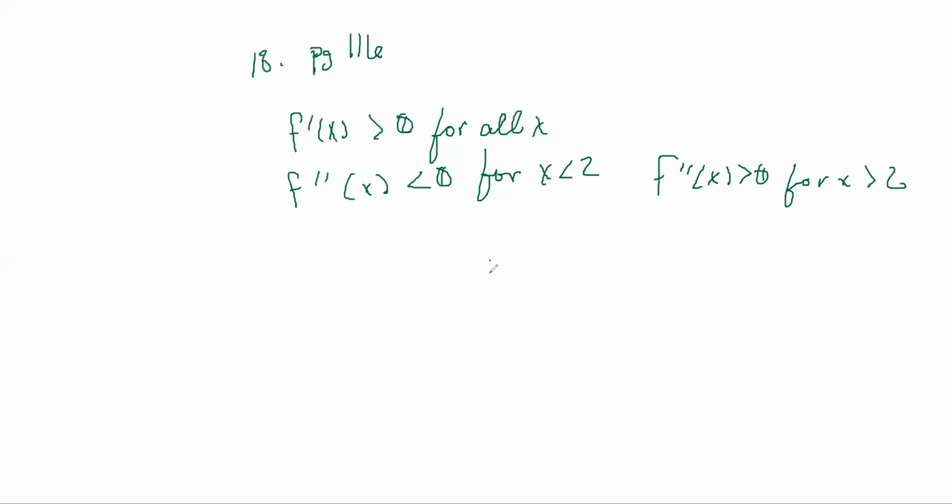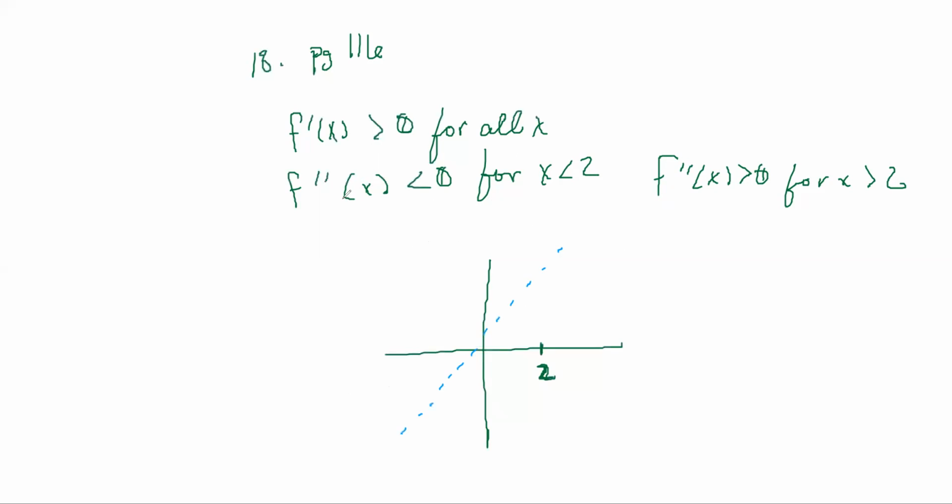So first thing I would do is sketch out a little graph, and I would say here x is 2. I know f prime of x has to be greater than 0, so I'm just going to dot a line in there as my reminder that I always have to be moving upward.